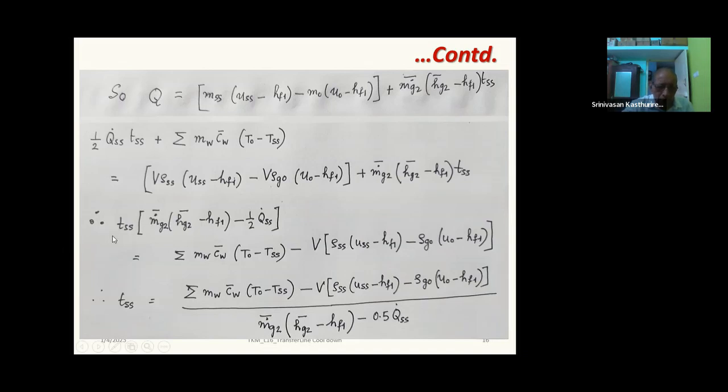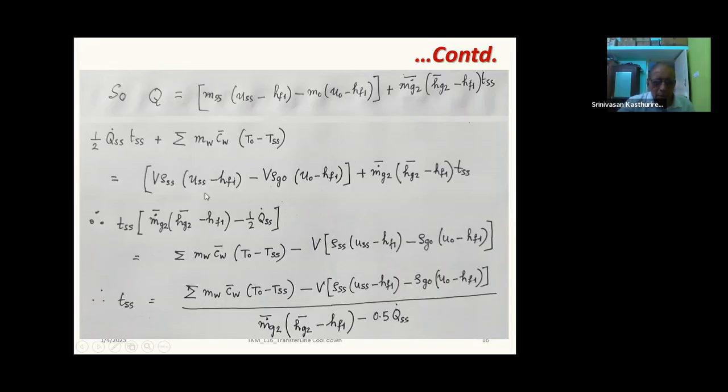So t_SS multiplies the first term, m dot g2 average multiplied by (h_g2 average minus h_f1), minus half of q dot SS. So t_SS is multiplying all this, equal to the other terms.